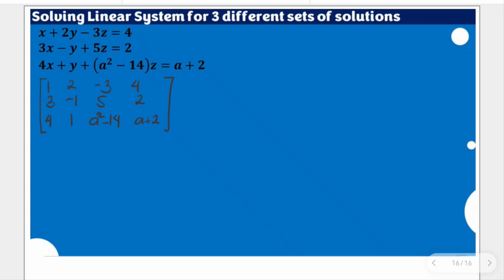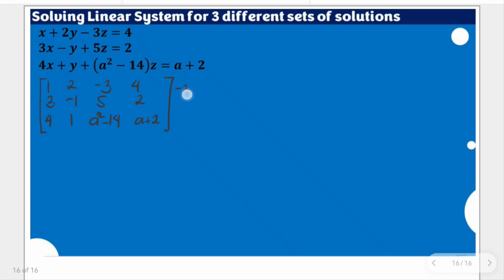So again, let's apply the Gaussian elimination to come up with row echelon form. We're going to make this 0 and 0, and since for the first row we already have leading 1, we don't need to divide the first row with anything, but we could apply this.